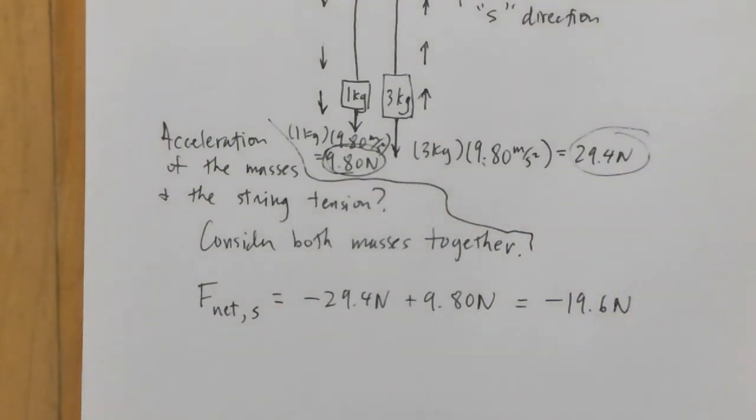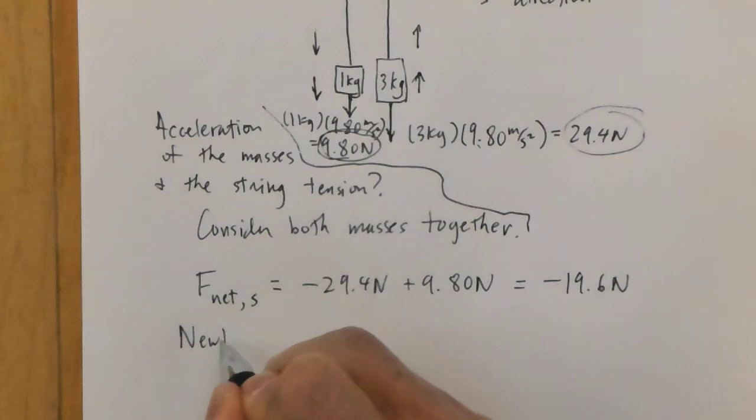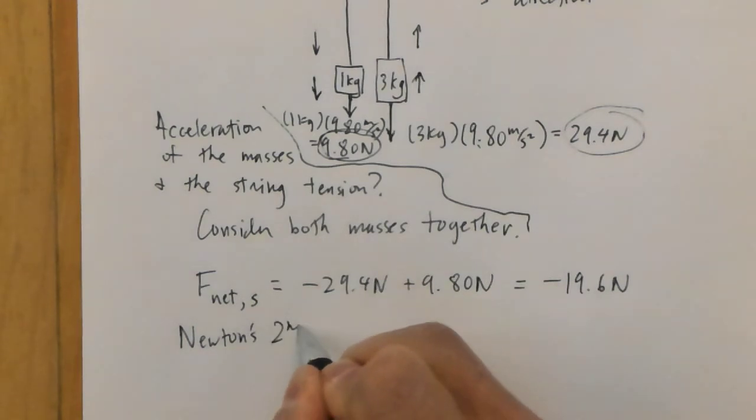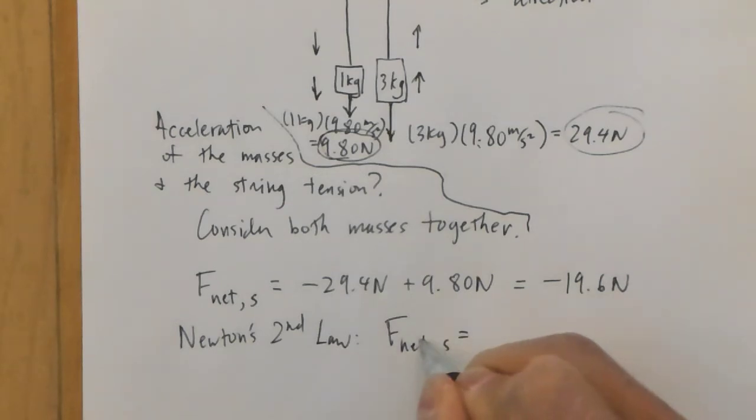Now we also know from Newton's second law that the net force in the S direction should be equal to the mass times the acceleration in the S direction. So what will the mass be that I use in this case? 4. Okay, everybody good?